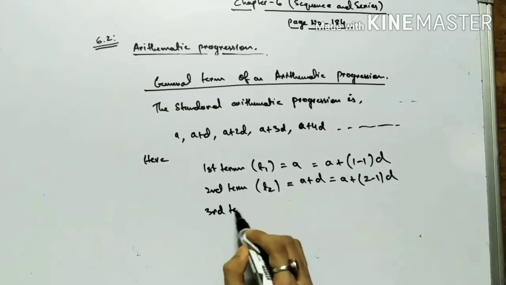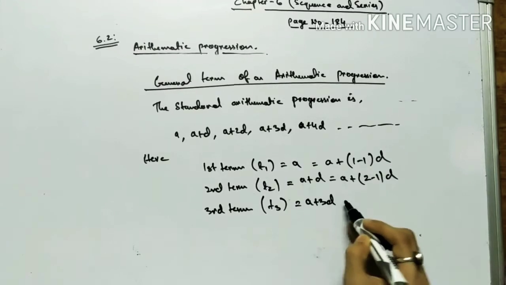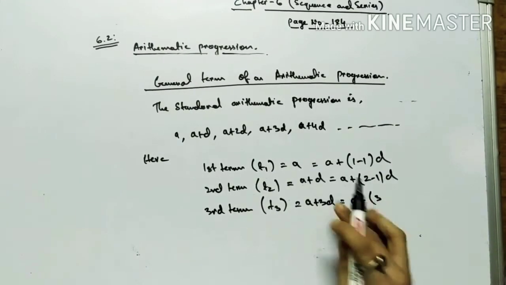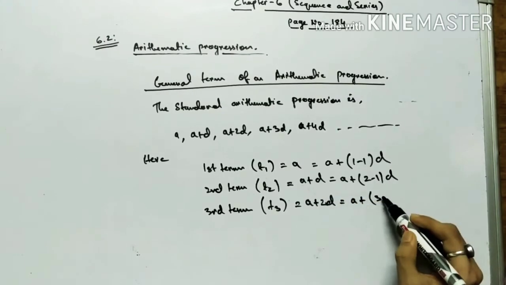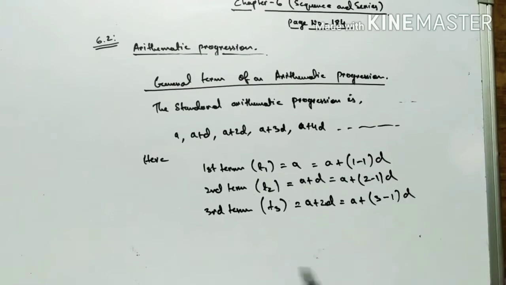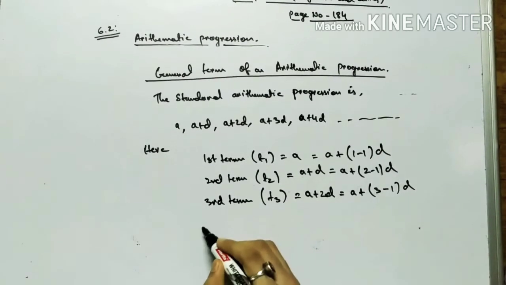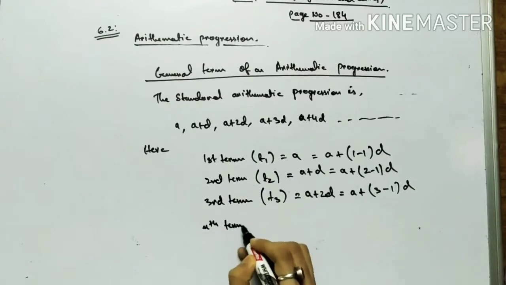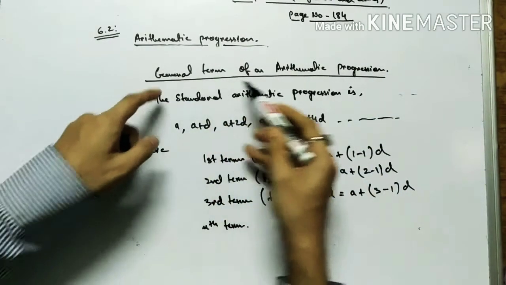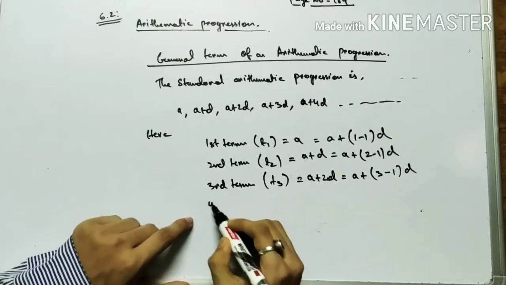The third term t3 is a plus 2d, which I can write as a plus 3 minus 1 d. Therefore the nth term of an arithmetic progression is what is called the general term. Let me give some more terms.